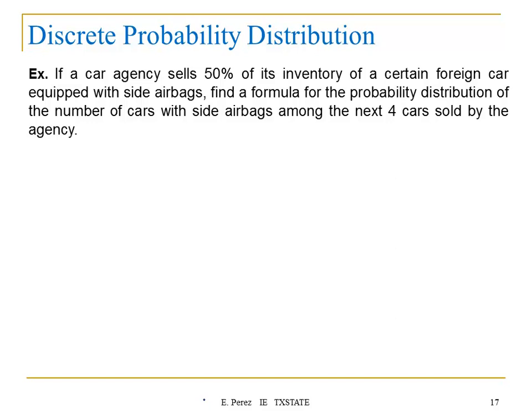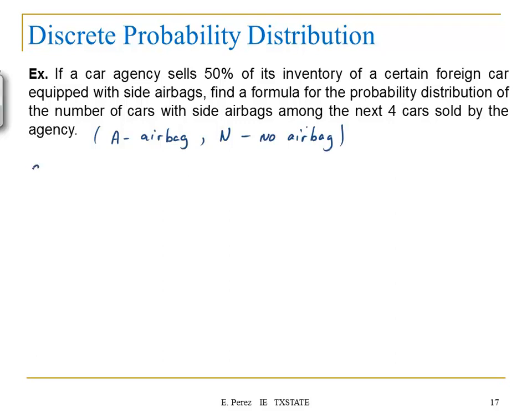Okay, so I'm going to start by just listing the sample space. Let's say A is the airbag and N is no airbag. And we are looking at the next 4 cars that we are going to sell. We can basically list the outcomes for each car, and we can list the sample space.